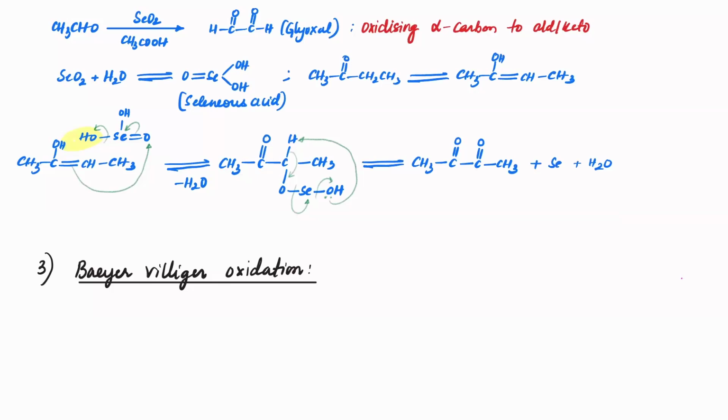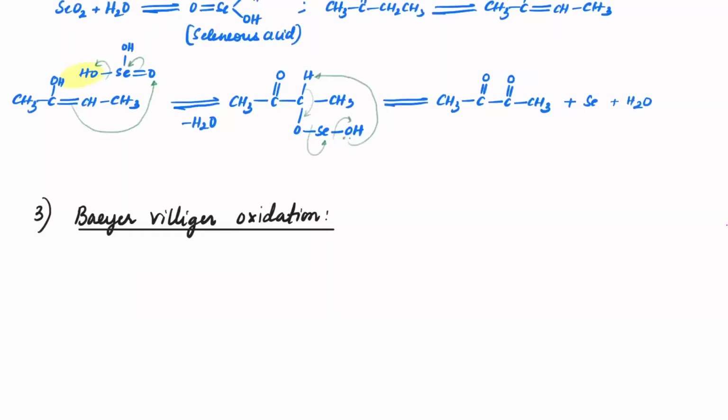In the case of an unsymmetrical compound, okay, another example: suppose I have an unsymmetrical, or any cyclic structure, like this. In that case, selenium dioxide will give us double bond O and double bond O.